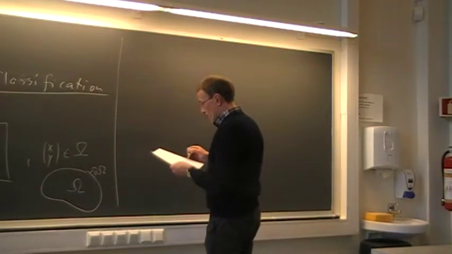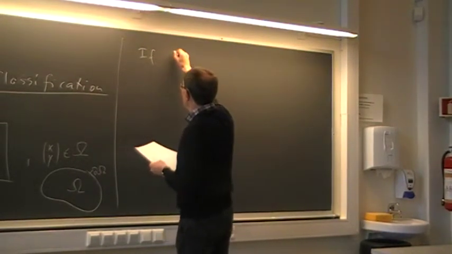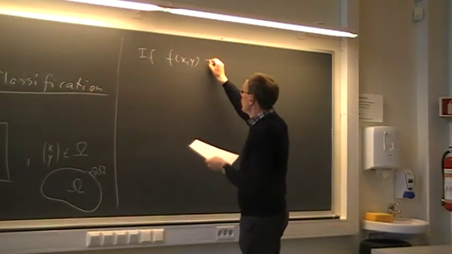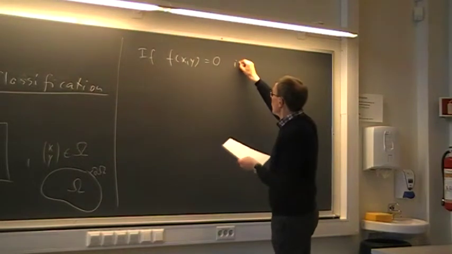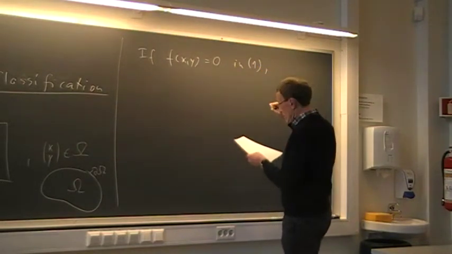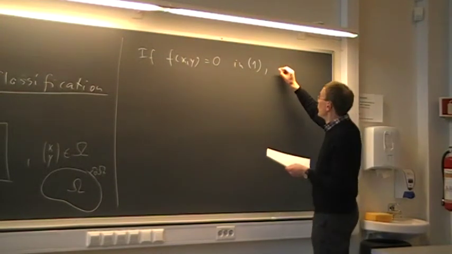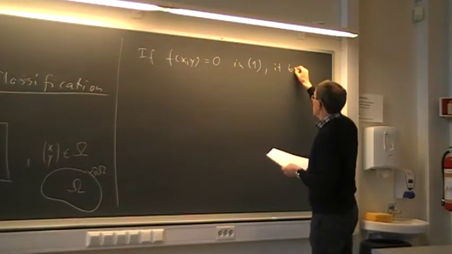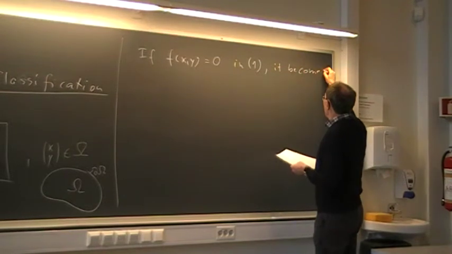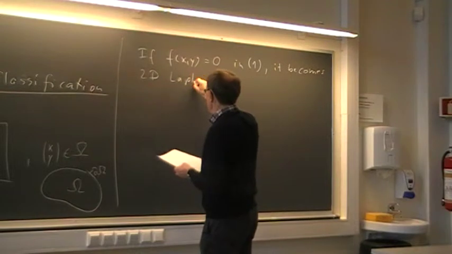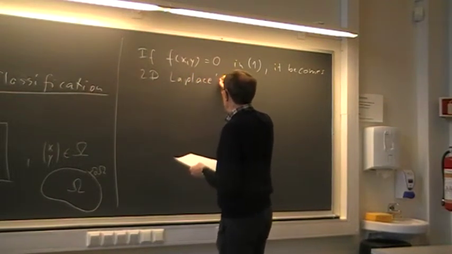If the right-hand side of the equation, f of x, y, is 0 in the Poisson equation, we get the 2D Laplace equation. There are different ways to express it.